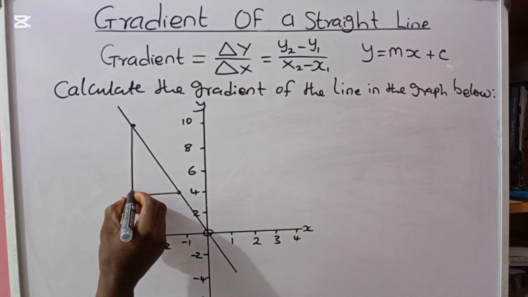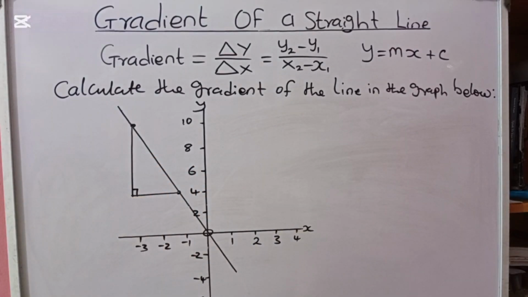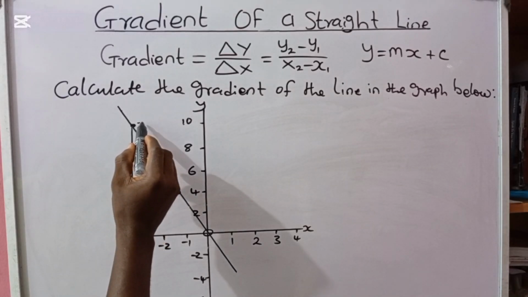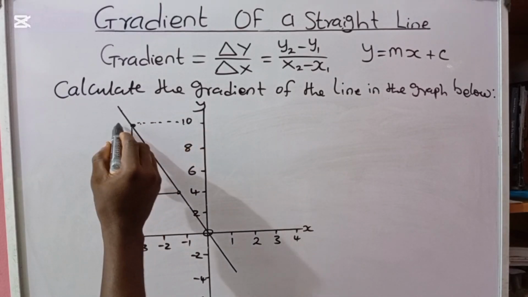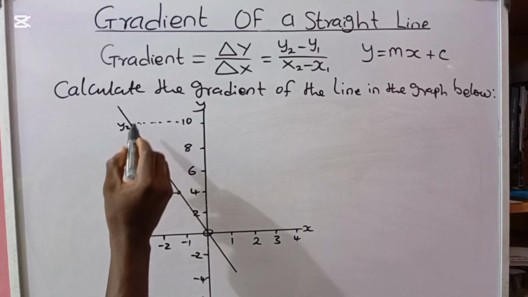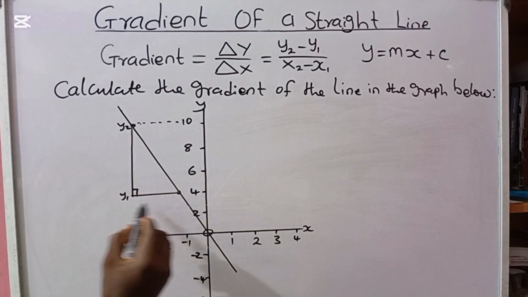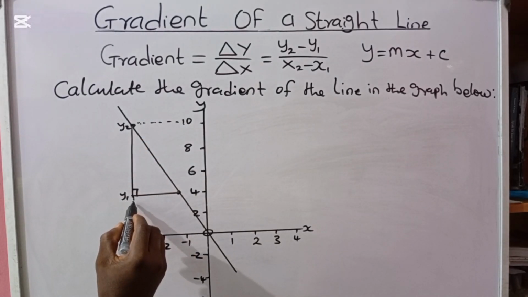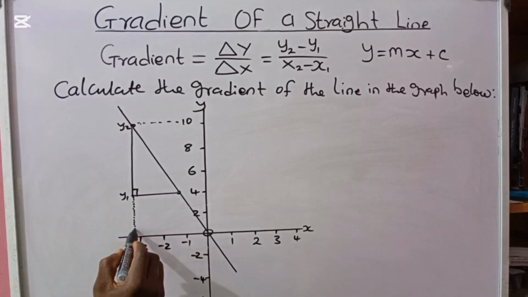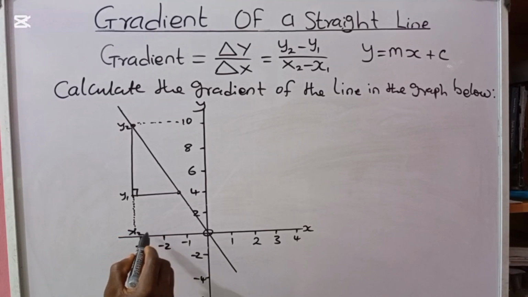So I now have the right angle triangle formed out of it. So here, what is the value of our y2? Our y2, then y1. Remember, where the right angle is formed takes the position of x2.